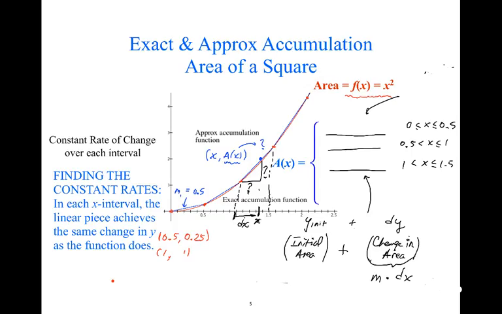And we do that by, so that's M2. Change in y, change in area over change in x, which turned out to be 1.5. So here's M2. M2 is 1.5, etc. So we can keep going that way.